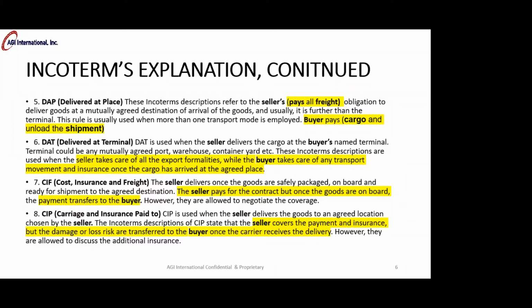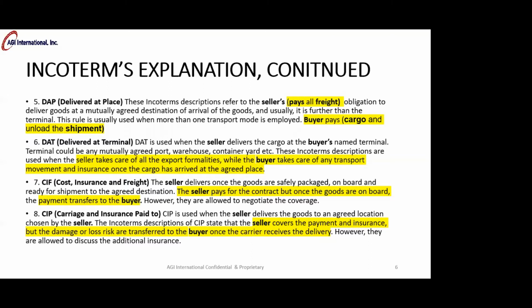This is the seller pays on this obligation to deliver goods at a mutually agreed upon destination of arrival. And it's further than the terminal, the rules usually used by the transport company or mode of operation. It says that if you're going to go from shipping to train to cargo, that responsibility needs to be transferred at a certain point in time.